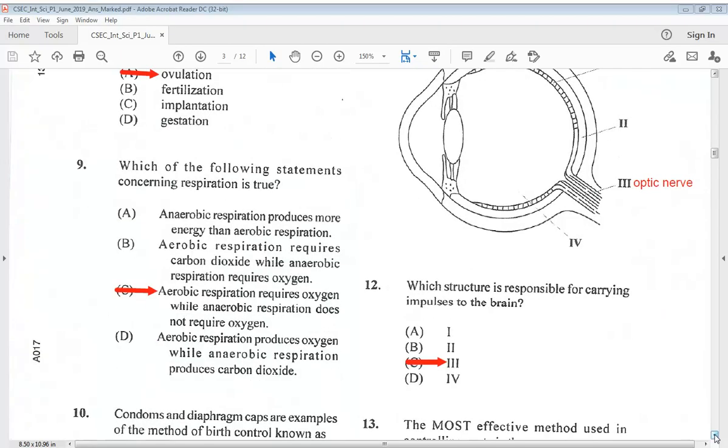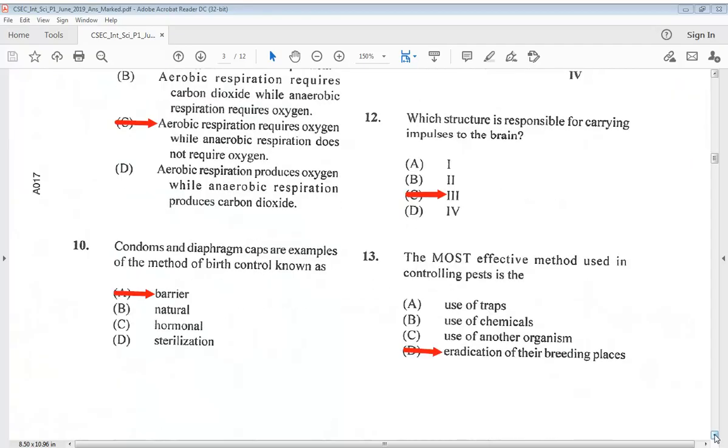Which of the following statements concerning respiration is true? The answer is C, aerobic respiration requires oxygen, while anaerobic respiration does not require oxygen. 10. Condoms and diaphragm caps are examples of the method of birth control known as? The answer is A, barrier.